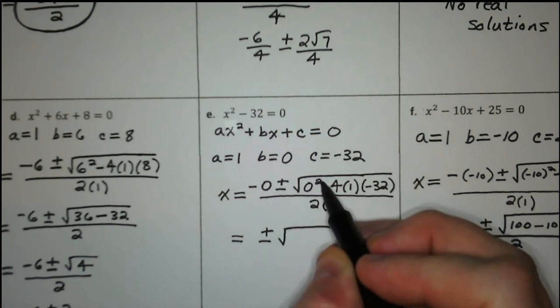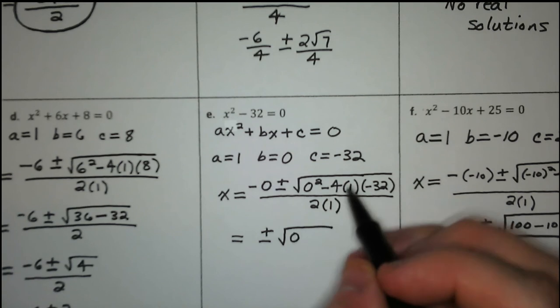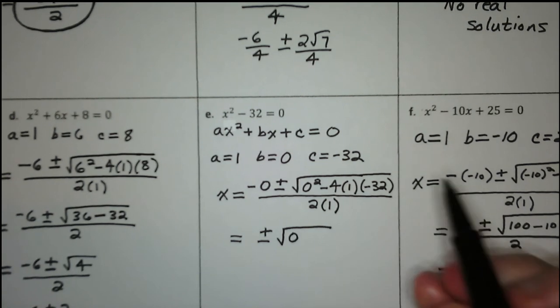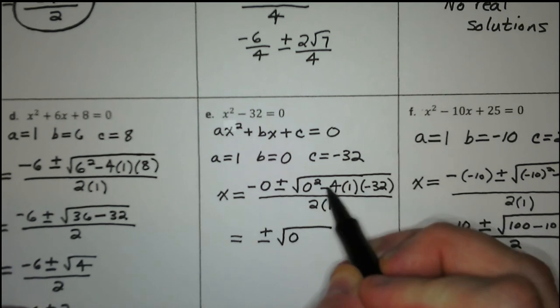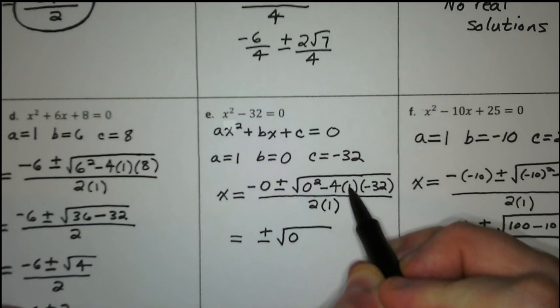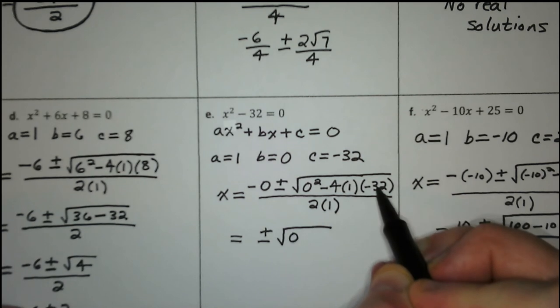Now 0 squared, that's just 0 again. And then check this out. Here we go. Remember, keep track of your negatives. Negative 4 times positive 1 times a negative 32.